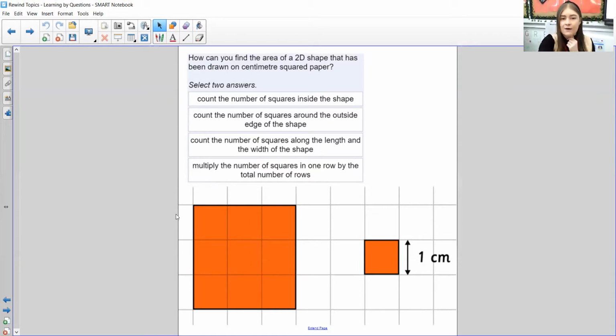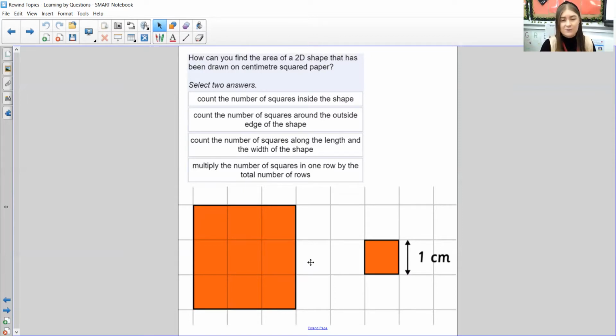Could we count the number of squares along the length, 1, 2, 3, and then along the width? So 1, 2, 3 along the length and 1, 2, 3 along the width. Can we find it by adding those? Do we multiply the number of squares in one row by the number of rows? How can we do it?